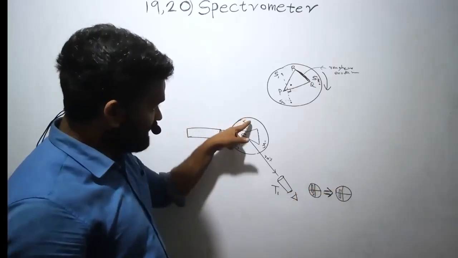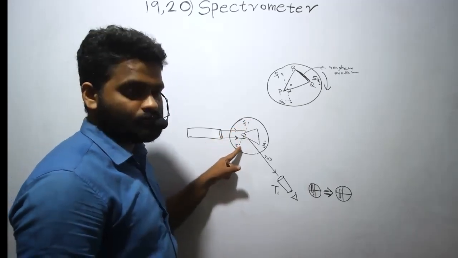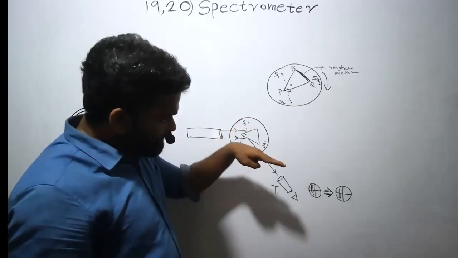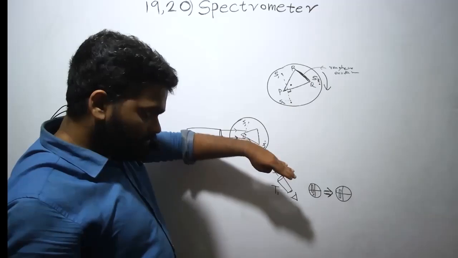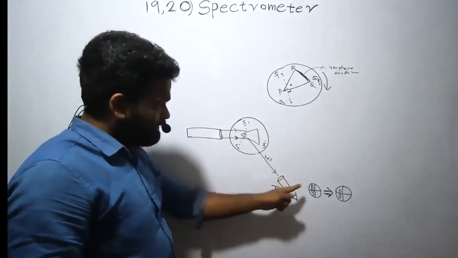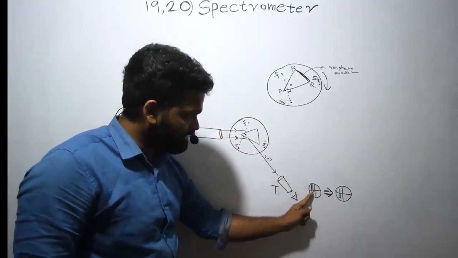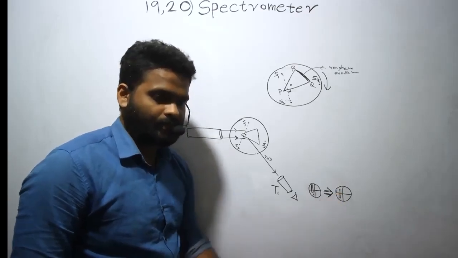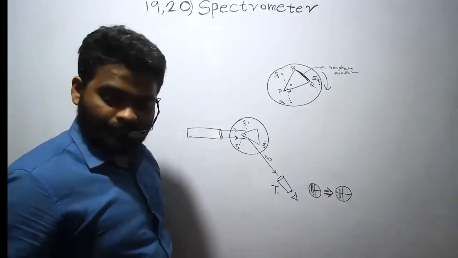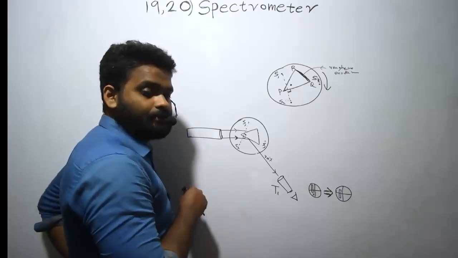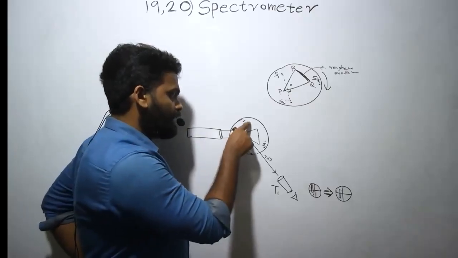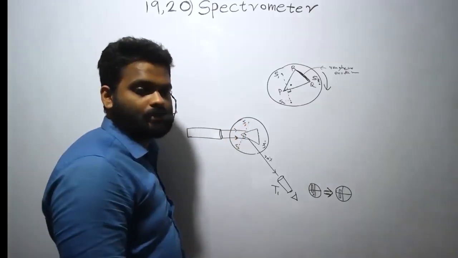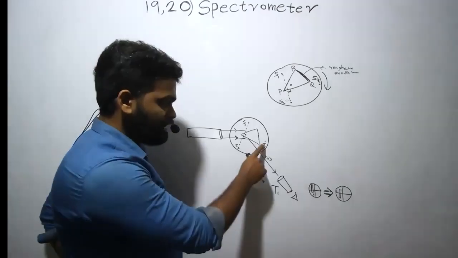But if you rotate S1 or S2, these sides get rotated like this. Then you can make this arrangement symmetrical like this here, right? So the first step is you have to rotate either S1 or S2, not S3.